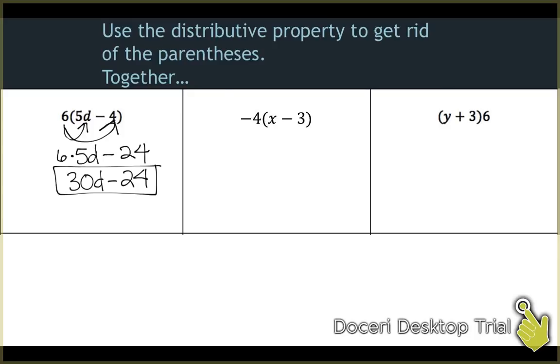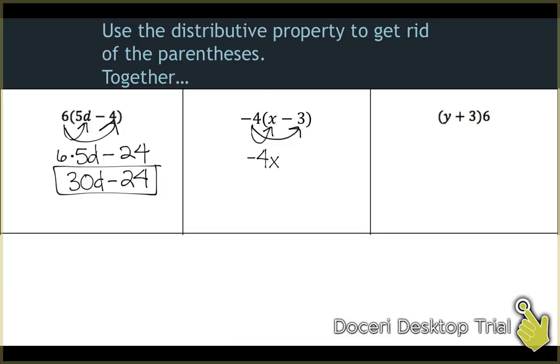Okay, let's try one where the outside factor is negative 4. So I have negative 4 times x. That would give me negative 4x. And then I have negative 4 times negative 3.